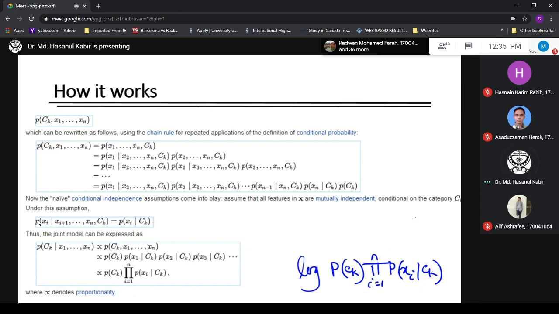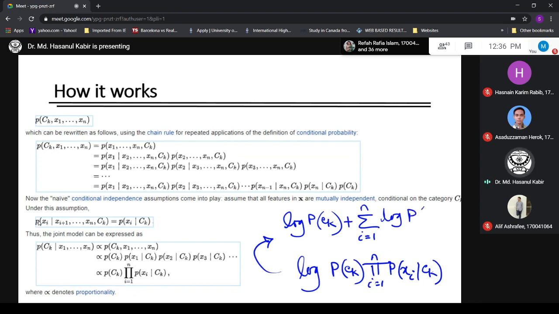Yes or no? So this will become the log of the probability of class plus summation, because this multiplicative term will appear as additive terms, so it will be log of the element wise likelihood. Is this clear? Yes or no?